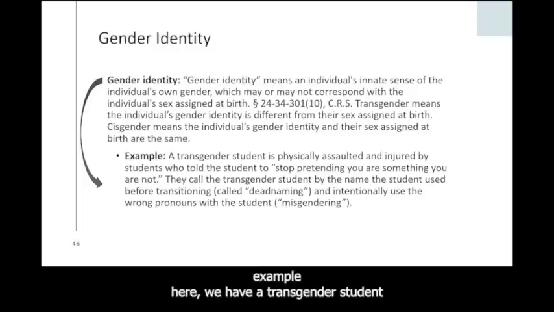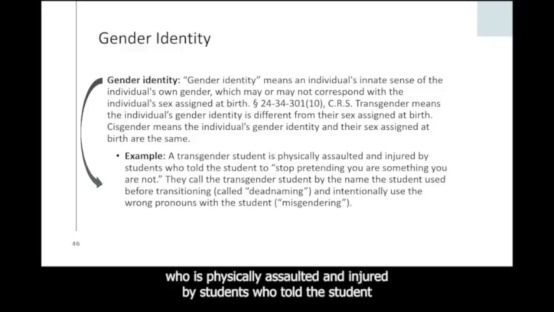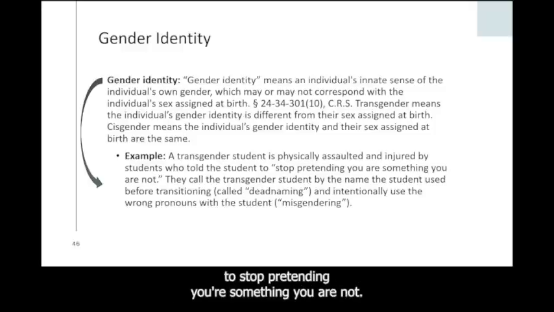Under our example here, we have a transgender student who was physically assaulted and injured by students who told the student to stop pretending you're something you are not. They call the transgender student by the name the student used before transitioning, that's called dead naming, and they intentionally use the wrong pronouns with the student, that's called misgendering. They aren't doing this because of their beliefs or because of their religion.